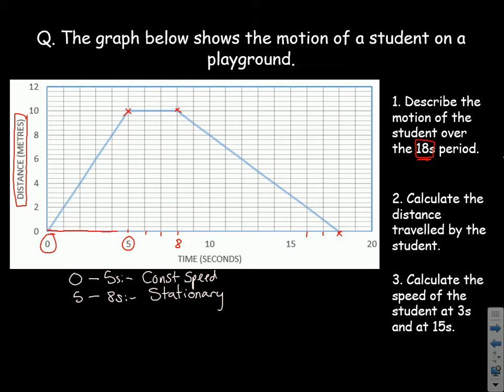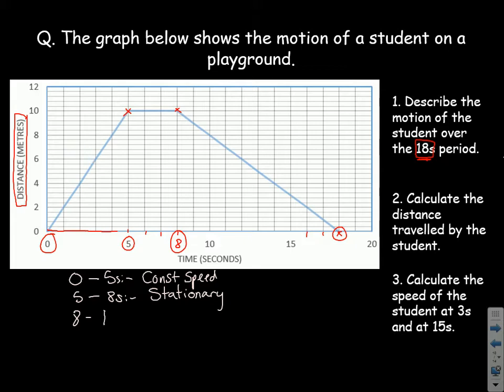And then our last part, we can see from 8 seconds all the way down to 18 seconds, the distance is decreasing with time, and therefore if the distance is decreasing, the object must be moving in the opposite direction.